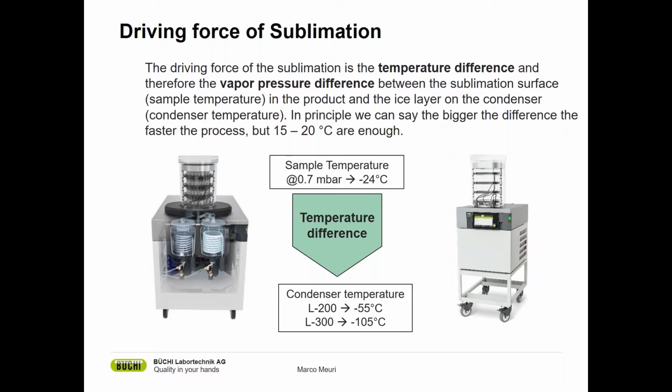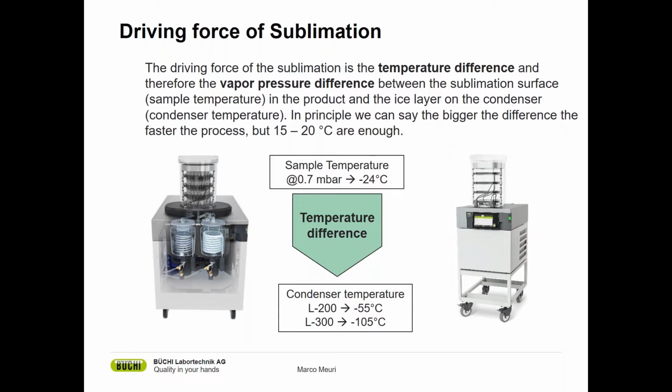So now if we look at the freeze dryers, our L200 on the right-hand side and the L300 on the left-hand side. The L200 has a condenser temperature of minus 55 degrees, whilst the L300 goes lower at minus 105 degrees. Now, to make sure that our process is running properly, we need to make sure that we have a temperature difference of at least about 15 to 20 degrees between sample and condenser.